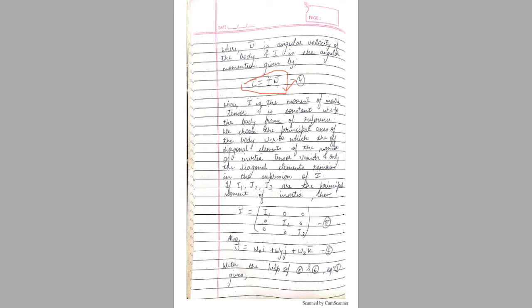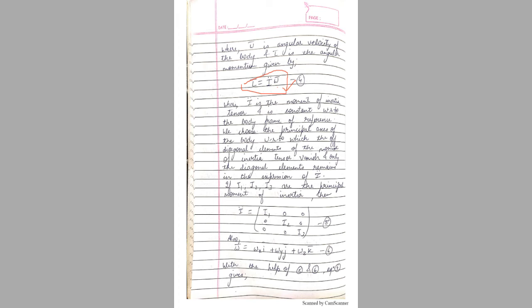Hence I double dot would be this equation number 5 if I consider the principal axis, and they have replaced Ixx by I1, Iyy by I2, and Izz by I3. This is just notation. So regarding the principal axis, the moment of inertia tensor would become like this. Now in equation number 6 they have written omega in the form of its unit vectors. Omega x is the component along the x-axis, omega y is the component along the y-axis, and omega z is the component of the angular velocity along the z-axis.